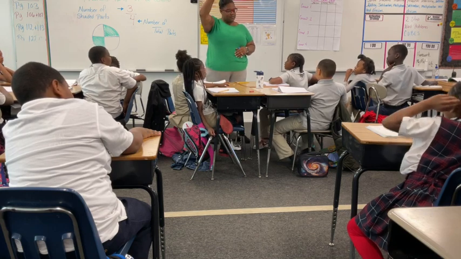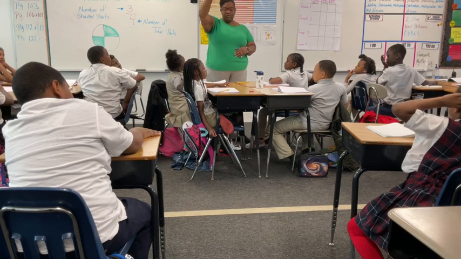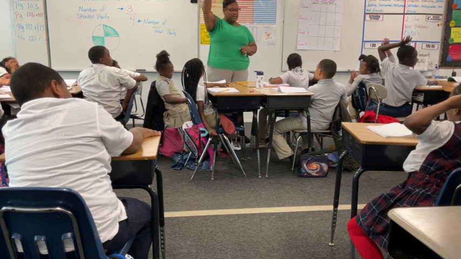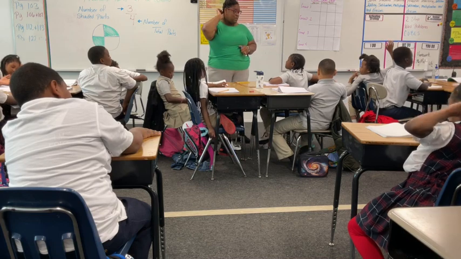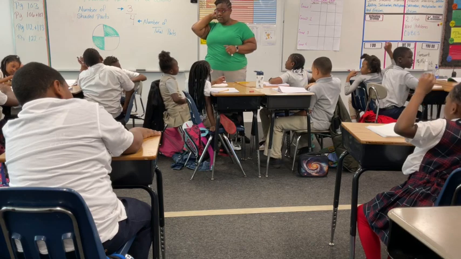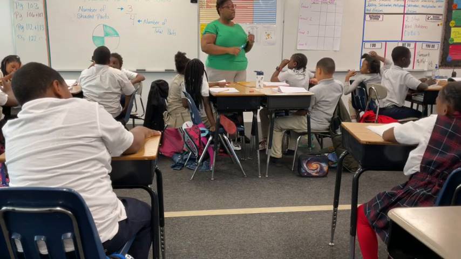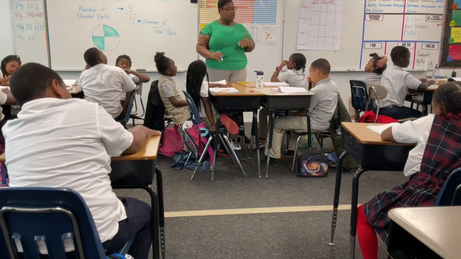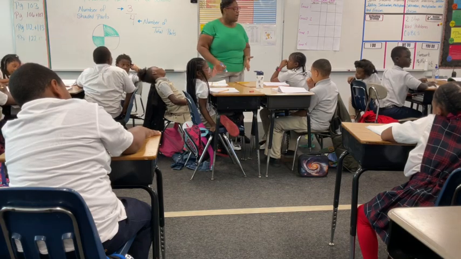It's 4. How many is missing? 4 is missing. What is the total number of slices? It was 12 slices. So the fraction of how many is missing is 4 over 12, or 4 12ths.